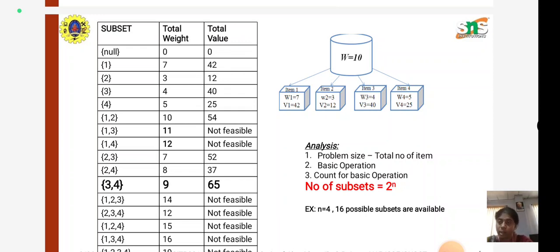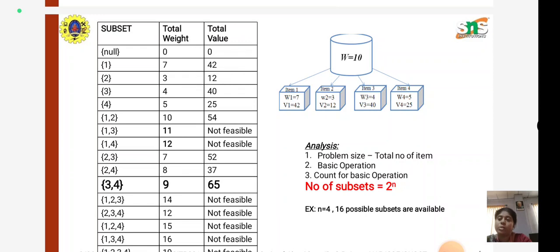We can't take these combinations. For 1 and 4 it is 12, also not feasible. For 2 and 3, the weight is 7 and the value is 52; for 2 and 4, the weight is 8 and the value is 37; and for 3 and 4, the weight is 9 and the value is 65.